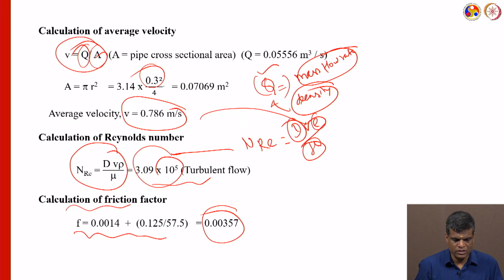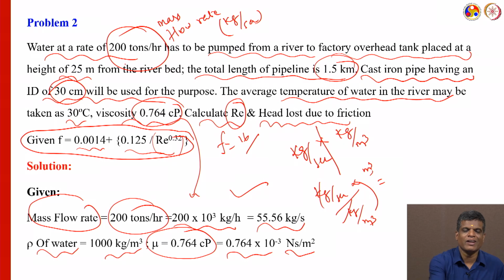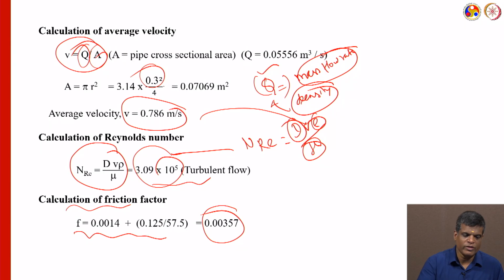For problem number 2, first you convert the mass flow rate to volumetric flow rate. Once that is done, we go for velocity, and once velocity is done, we know how to calculate the Reynolds number. Once the Reynolds number is done, the friction factor equation is already available; otherwise you have to use a different equation, depending on whether it is laminar or turbulent flow, but this one is turbulent flow.